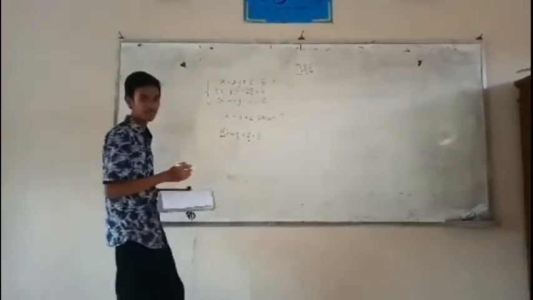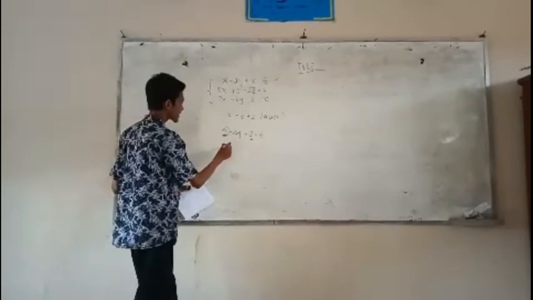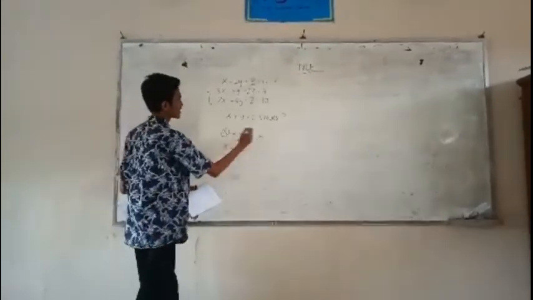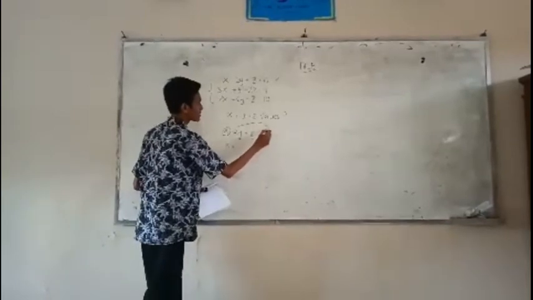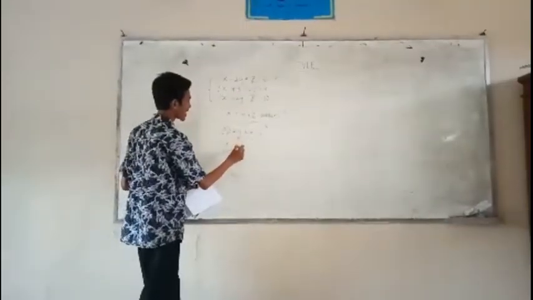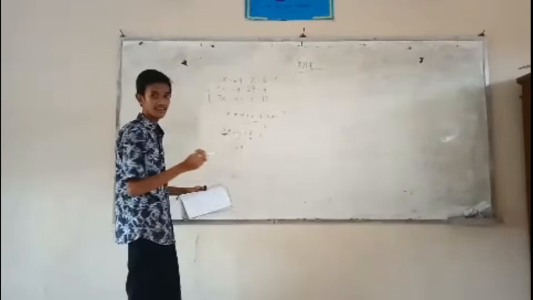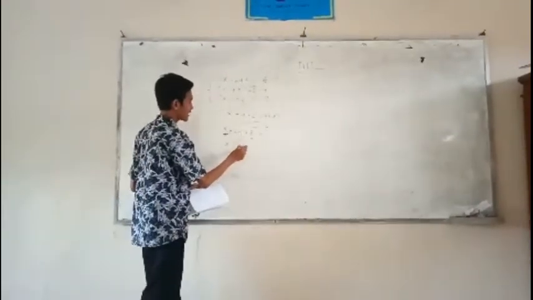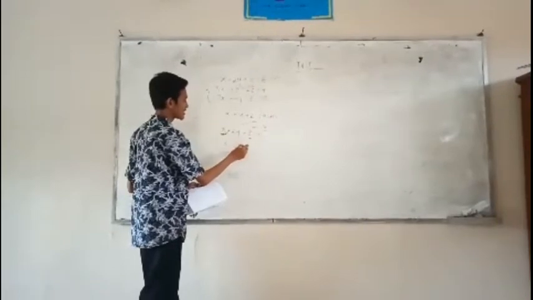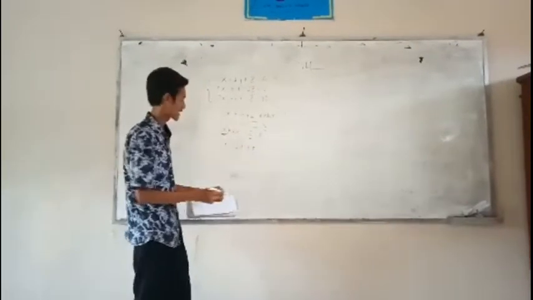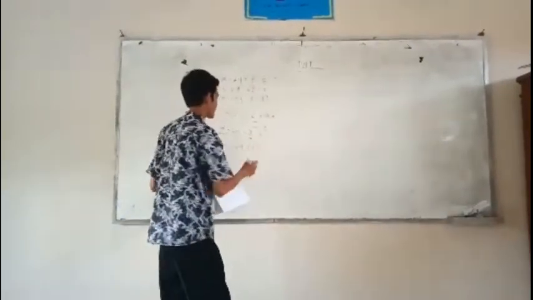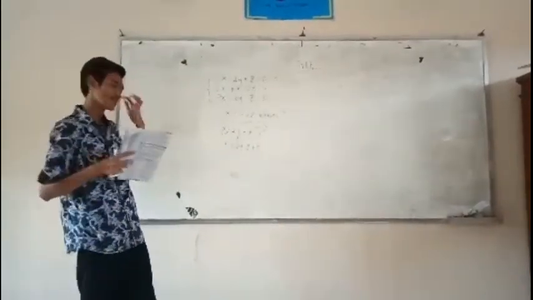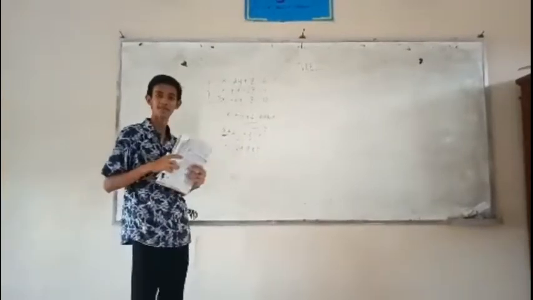So we get x equals 2y, move the z variable, minus z, plus 6. We get the value of x.